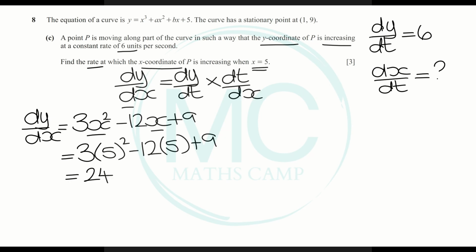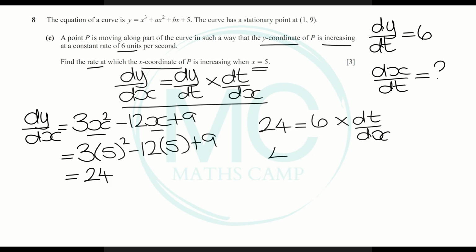So now the equation for the chain rule becomes 24 is equal to dy over dt, which is 6, multiplied by dt over dx. Let's quickly divide both sides by 6 and we see that 4 is equal to dt over dx.